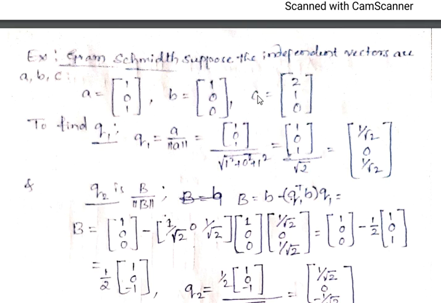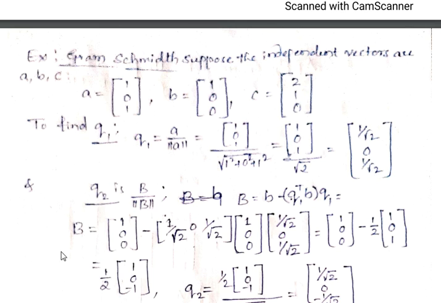A, B and C may contain all the axis components or individual axis components. Using the Gram-Schmidt method, we find the orthonormal vectors, the perpendicular basis of this problem. For that, Q1 is A divided by the magnitude of A, which is 1 0 1 divided by root 2.